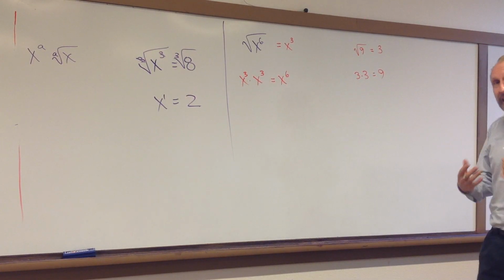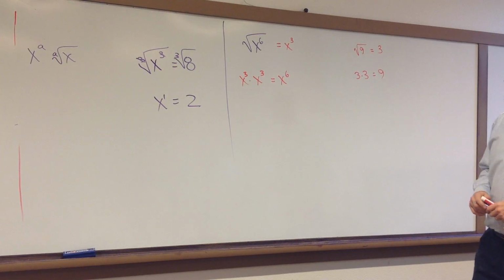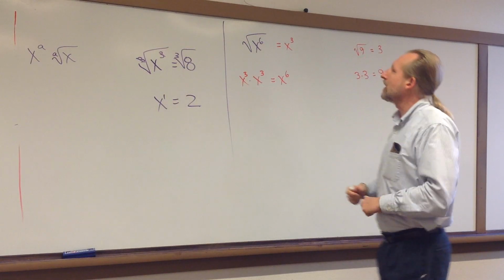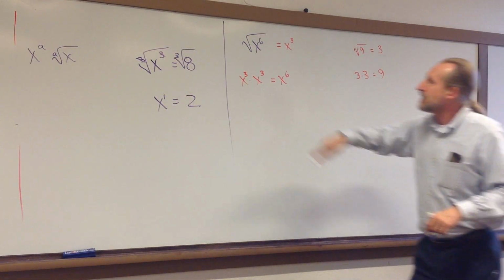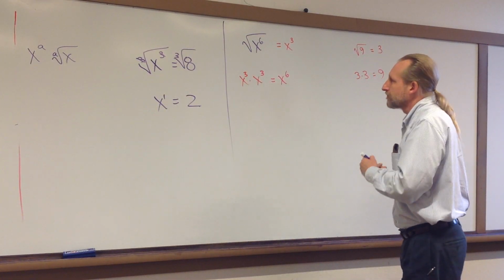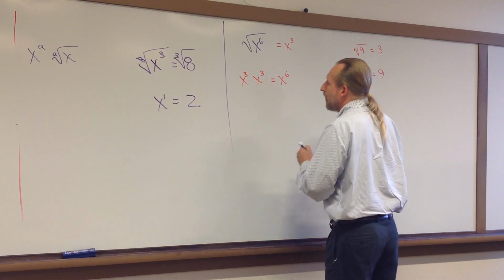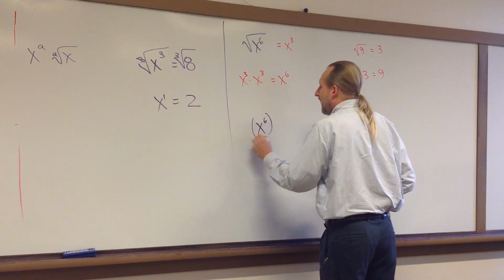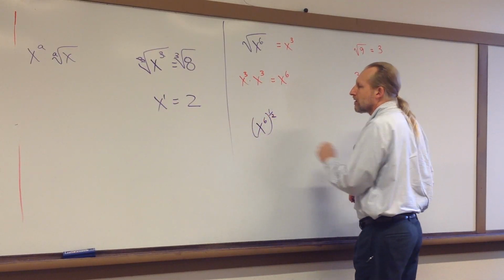Now that leads to this different kind of notation. This idea and this idea both lend themselves to this different notation. Instead of using the root symbol, a lot of times people say, well, that's almost the same as if we had a 1/2 power, right?